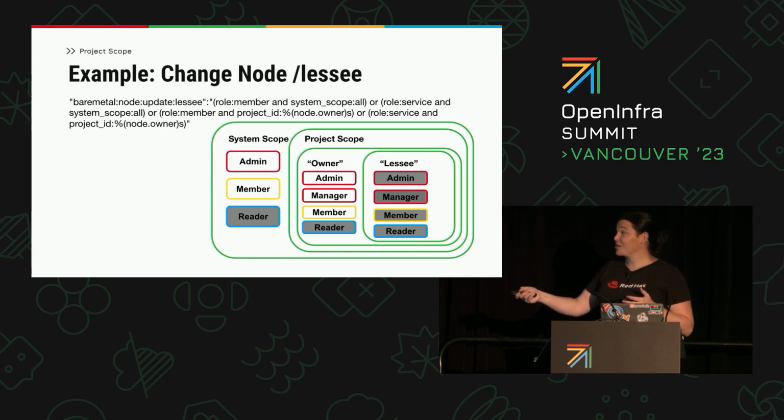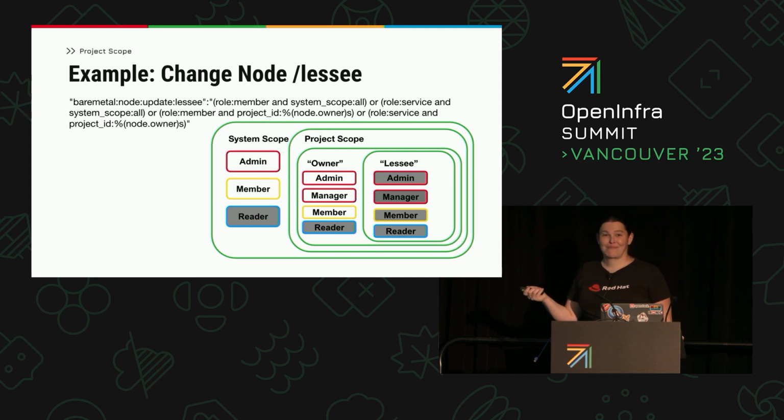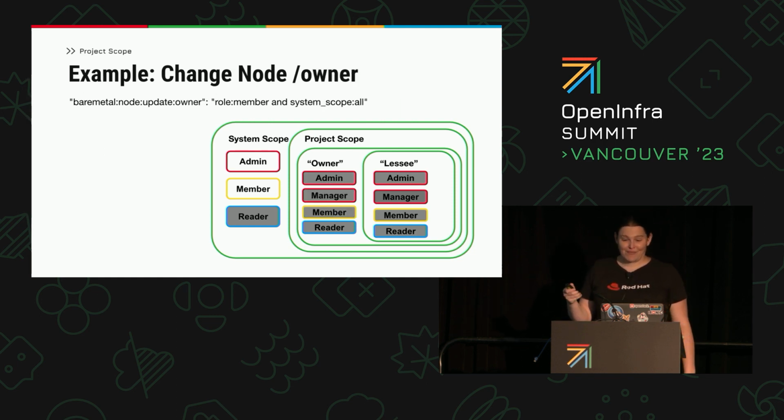Only those that are not grayed out can change it. So to update the lessee field, you have to be a member in the system scope, or a service role, or a member with a project ID, which means an owner can change the lessee. Note there is no lessee in any of this. Same basic logic applies, but for owner. Only system scope can change owner.